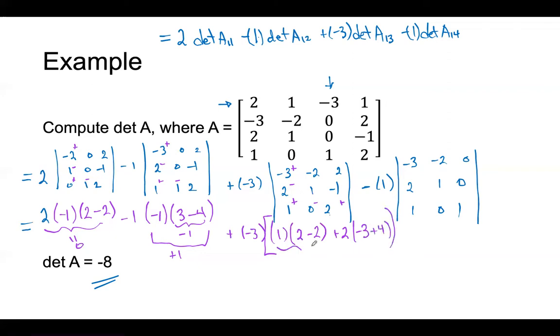Okay, so this is 0. And this is 1 times 2, so this is 2. 2 times -3 is going to be our final. I'll write it in a second. Our last part, -1 times, and we have some zeros here, so this is positive, negative, positive, negative, positive.